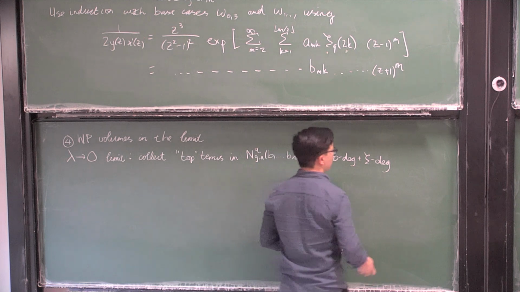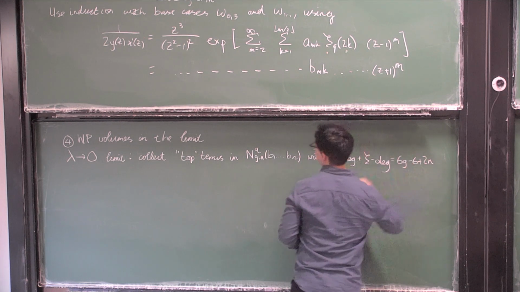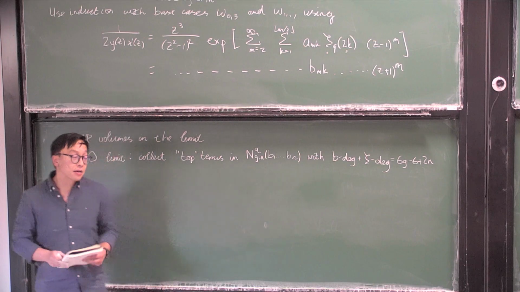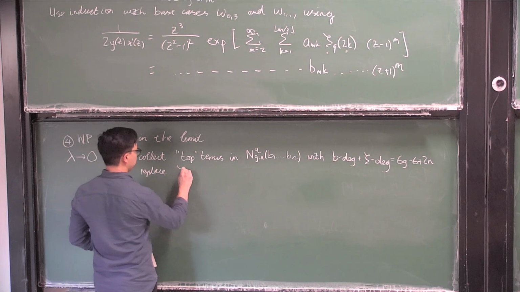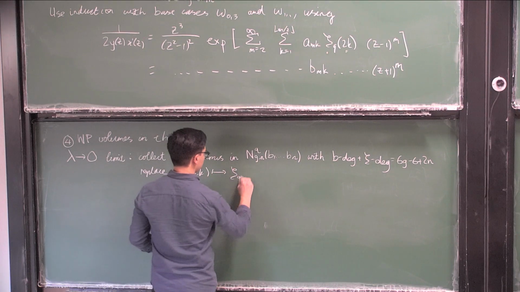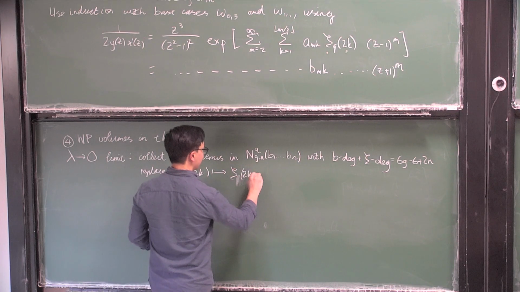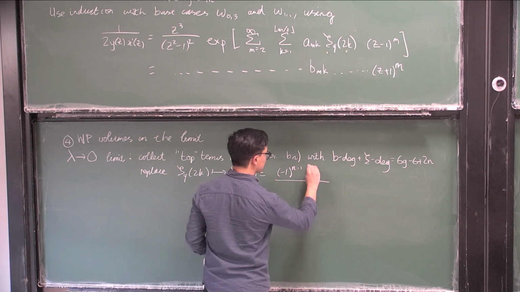The biggest it could ever be is 6g minus 6 plus 2n. That's the first thing you do, and then in the process of taking the limit, you replace the zeta q of 2k with zeta of 2k, and everyone hopefully knows that this has some nice formula.